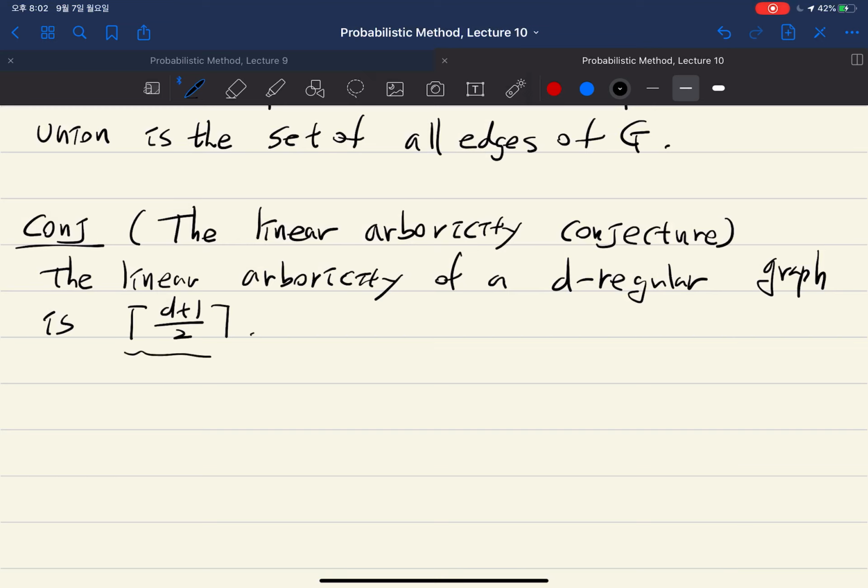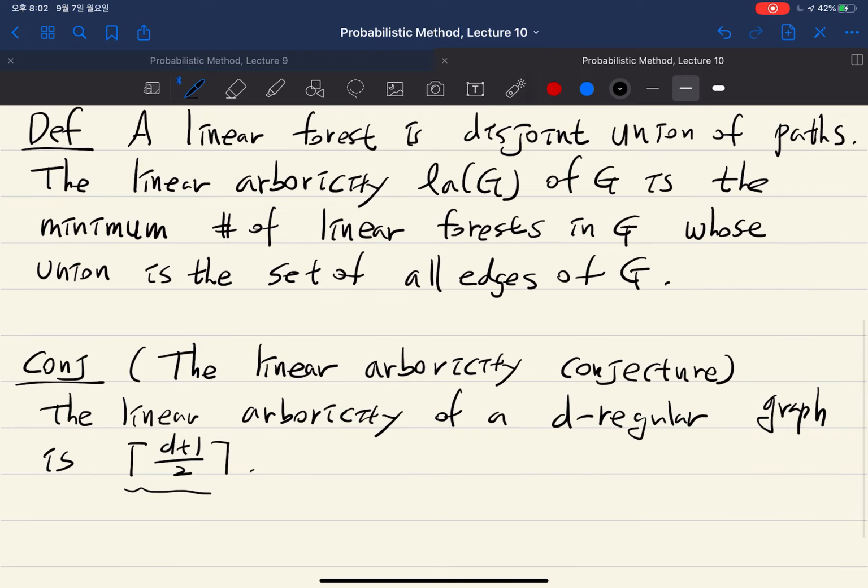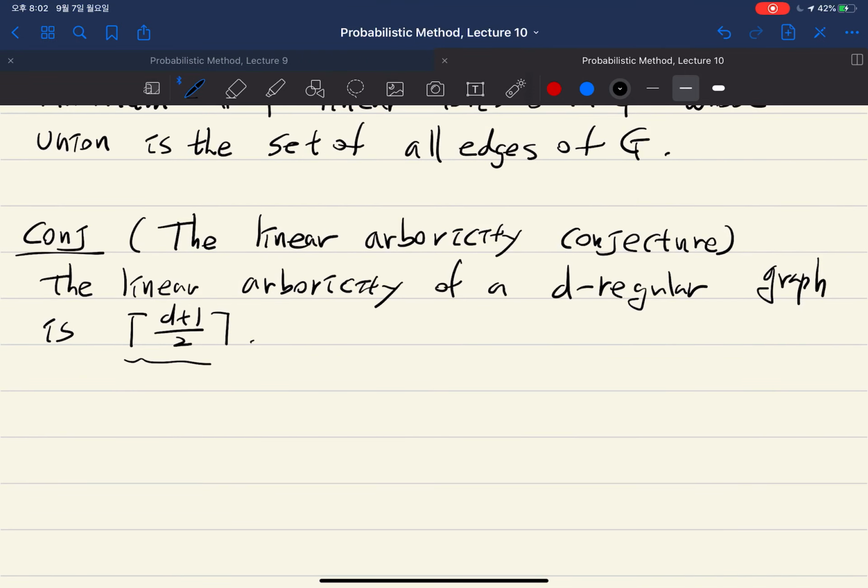If we have a graph G and we decompose it into linear forests, then each linear forest has at most n minus 1 edges. So linear arboricity must be lower bounded by the number of edges divided by n minus 1.